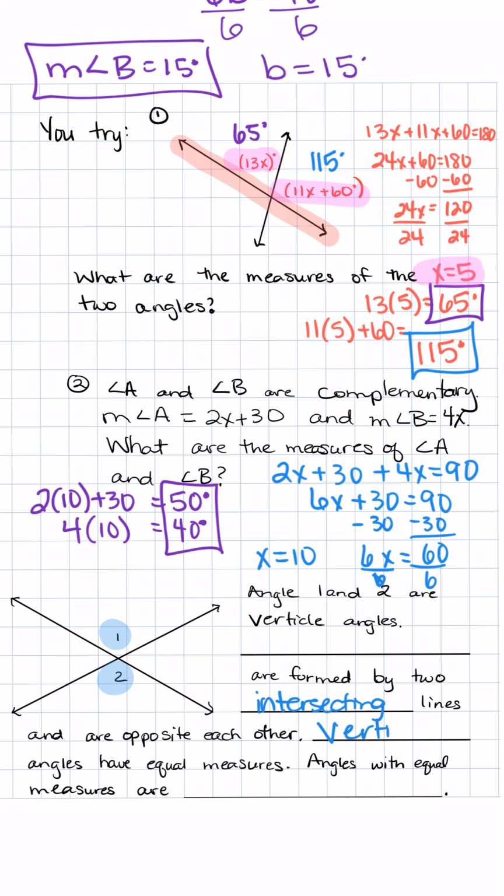Vertical angles have equal measures. Angles with equal measures are congruent.